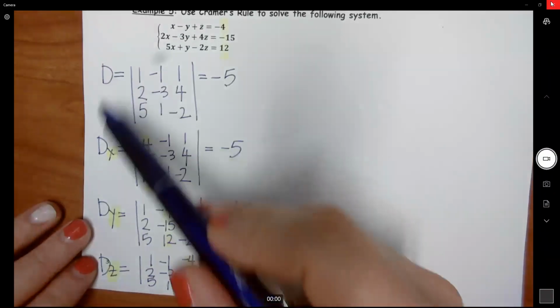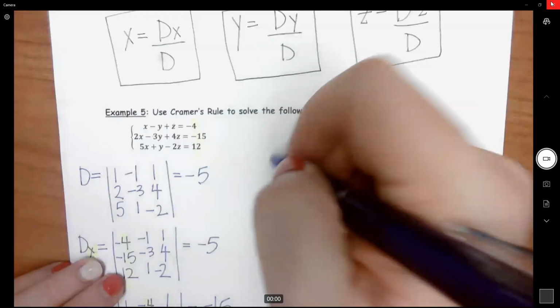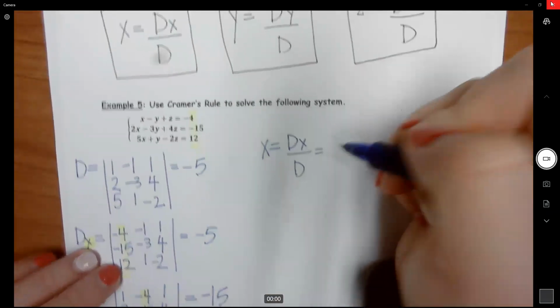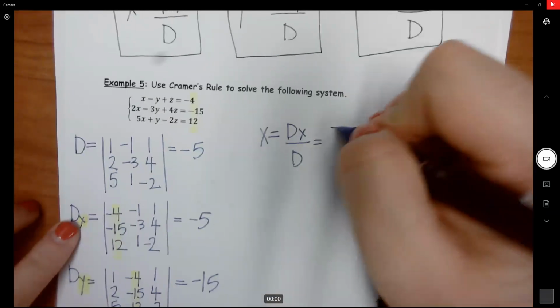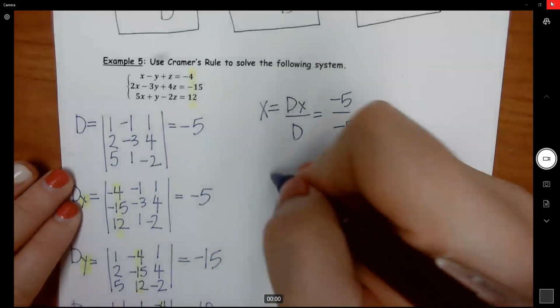Now that I have my D, my Dx, my Dy, and my Dz, now I can figure out what x, y, and z are. So my x equals Dx over D, which is -5 over -5, so 1.